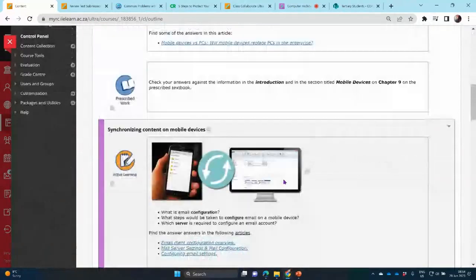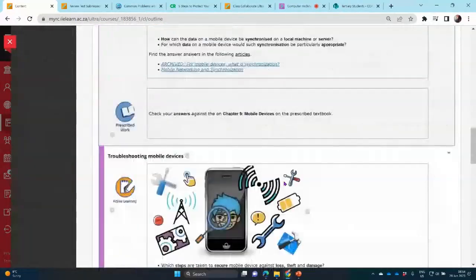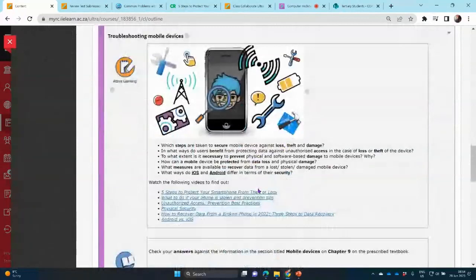Here, they're talking about how to secure, synchronize, and troubleshoot. 5 steps to protect your smartphone from theft, right? What to do if your phone is stolen. Physical security. So there's all of the things that I can do from Learn. I can get direct answers here, okay?